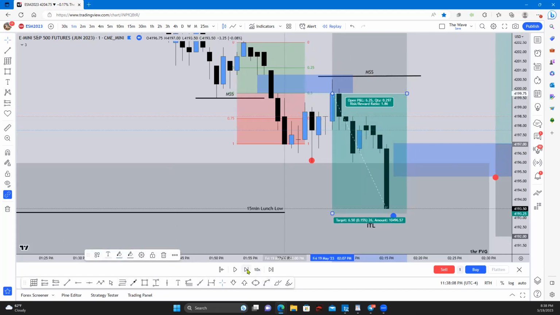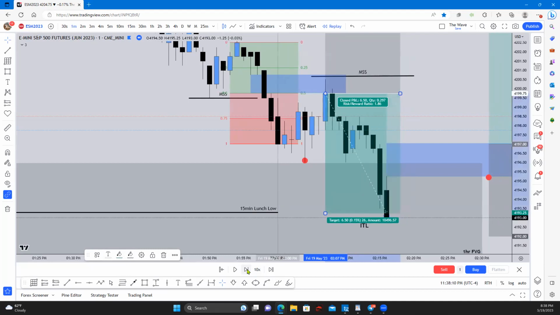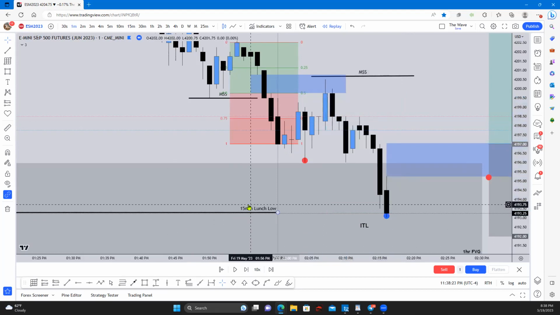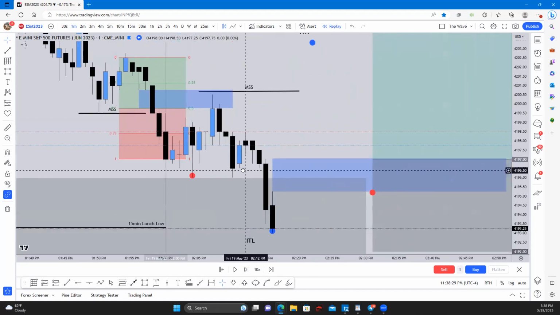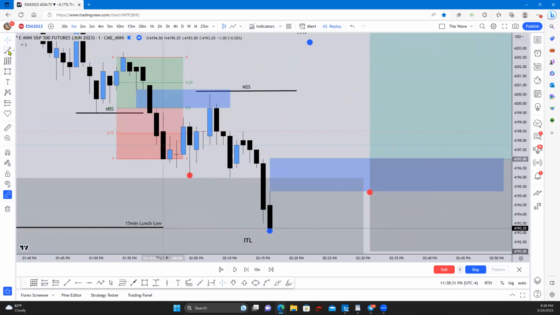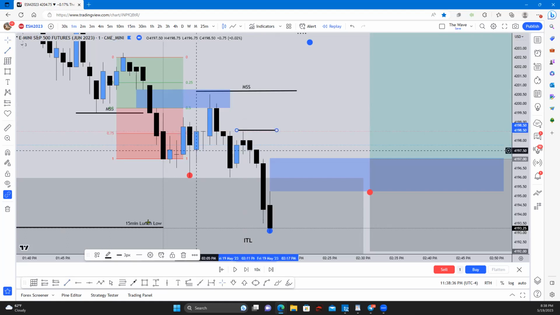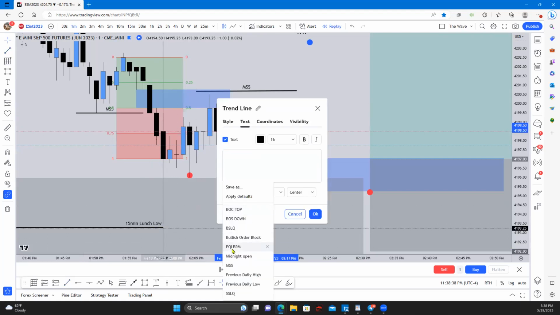And if we play price forward, takes it out. Now, this is one silver bullet trade there. So now that we've taken sell side and swept it here, you have a swing high here.